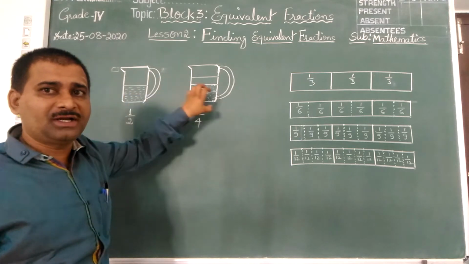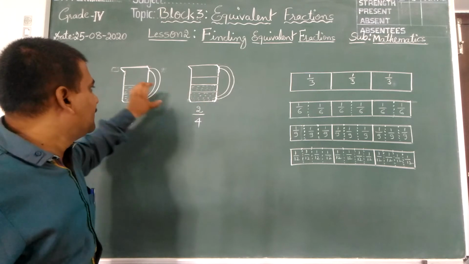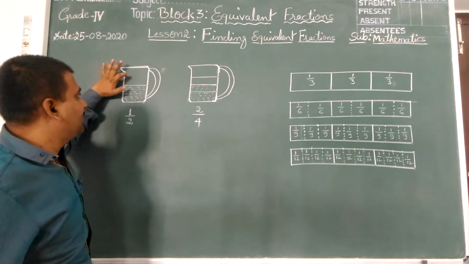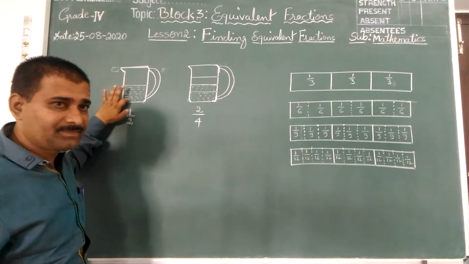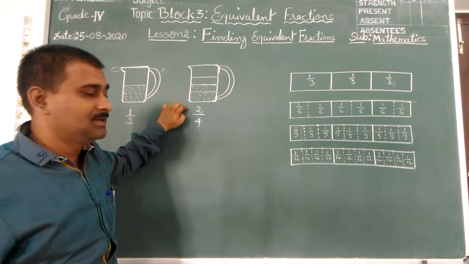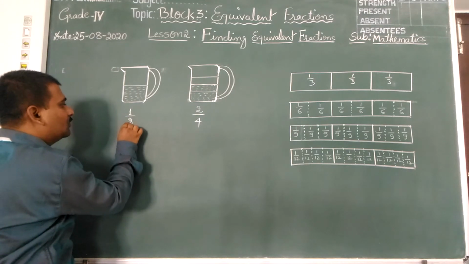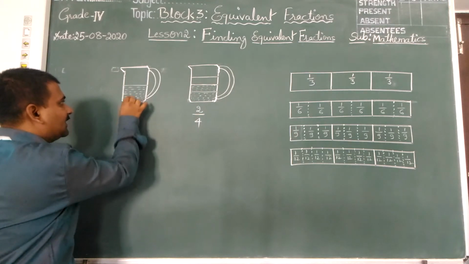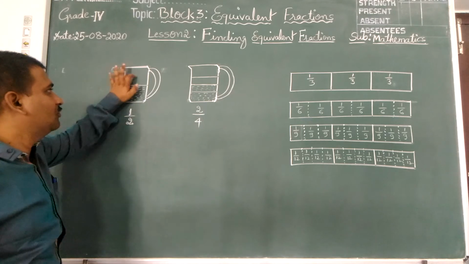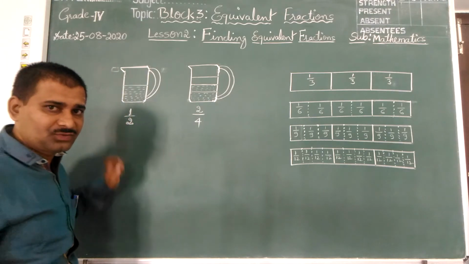You can find the same amount of water in both beakers. This beaker is divided into 2 parts, and this one is divided into 4 parts. So this is divided into 2 parts, and 1 part is selected. Only 1 part out of 2 parts is filled, which means 1 divided by 2.